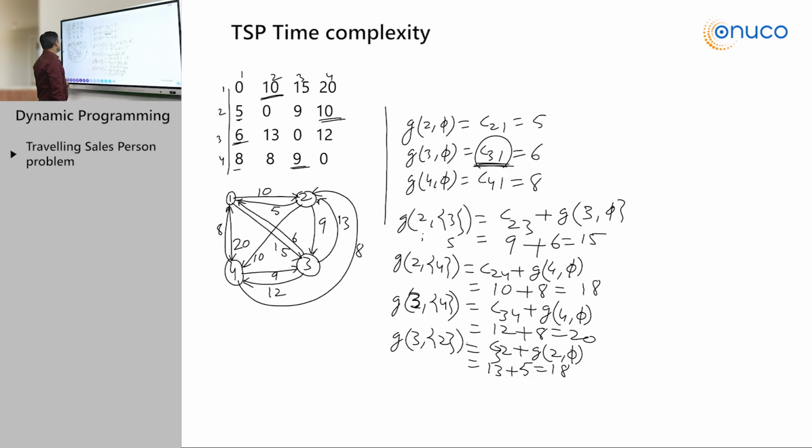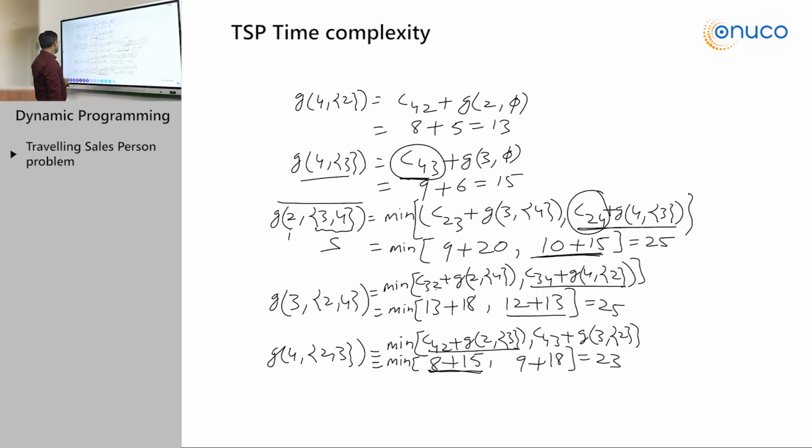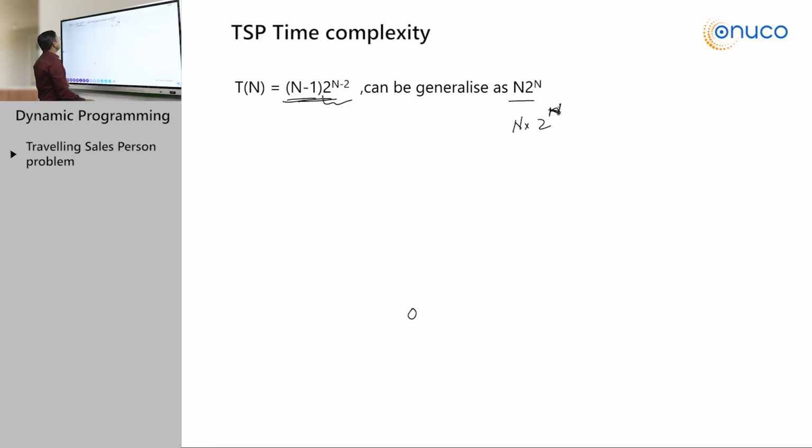If we compare with dynamic programming, the time complexity is lesser because it is exponential, 2 to the power n. Generally 2 to the power n has a lesser order of growth than n factorial, as we already studied in asymptotic notations.